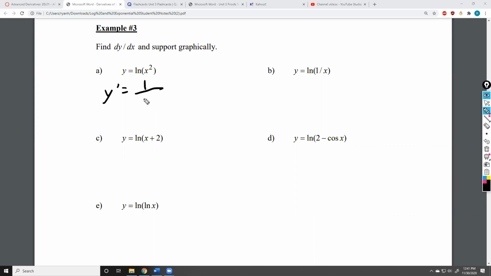So 1 over x squared. 1 over whatever's inside here. But then we're going to need the chain rule. Multiply by our derivative of the inside part. Derivative of x squared is 2x. So we can actually do some canceling and say there's a 2 goes on top. And then this x up here cancels with this x squared down here. And we just have 2 over x.